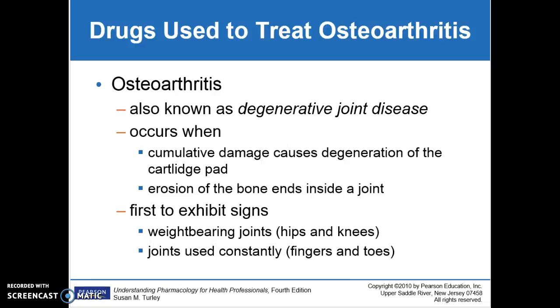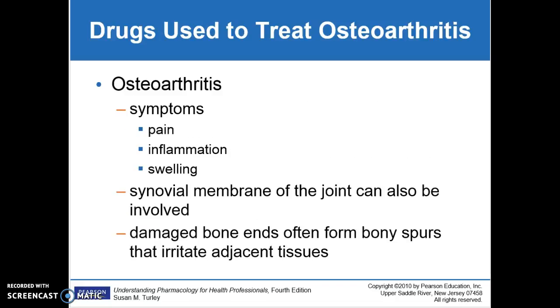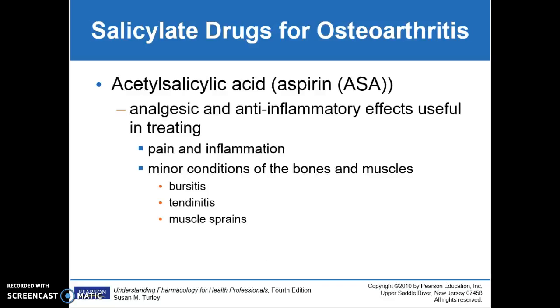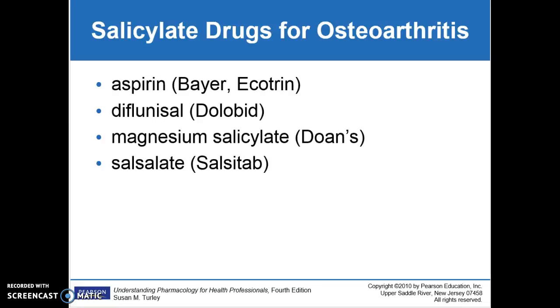This is more of a degenerative disease. Our hips and knees typically are affected by osteoarthritis. You're going to see drugs that will help with the pain and inflammation, also with the swelling. Some of the over-the-counter things that we use for osteoarthritis are basic things like aspirin, so Bayer, those kinds of things.